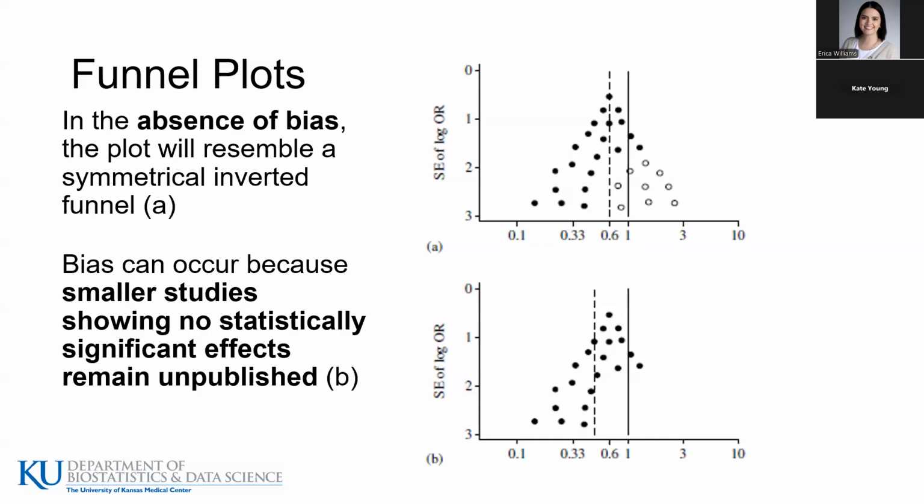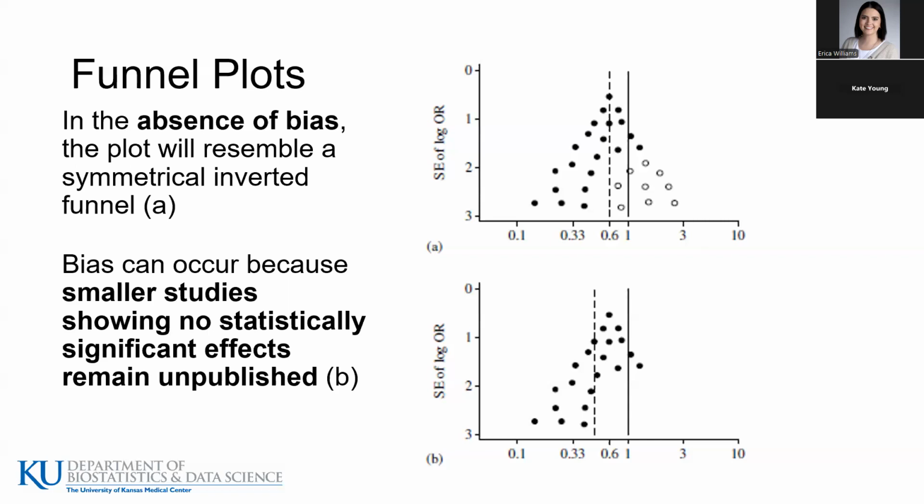So here are studies with higher sampling error, but with an unfavorable result. That's an odds ratio greater than 1. They did not get published either because the investigator chose not to publish it or because journals wouldn't accept it. And this results in an over-optimistic estimate of the odds ratio.